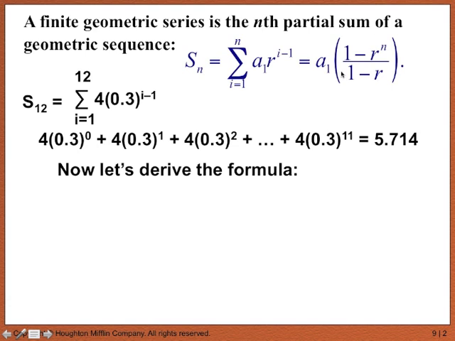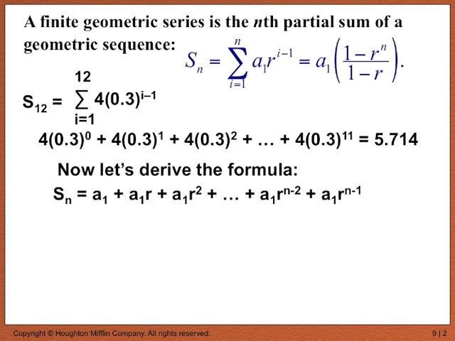And this is the formula that we're trying to derive. Remember when we derived Gauss's formula for arithmetic series? We had to put two different sums together and recognize the pattern. We're going to do something similar to that here.